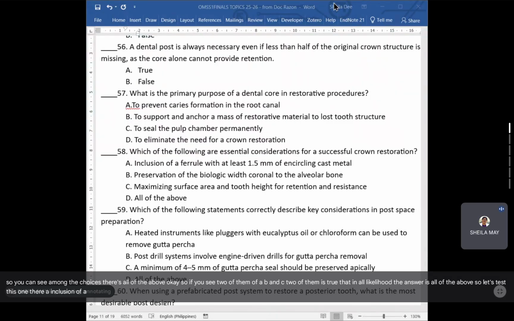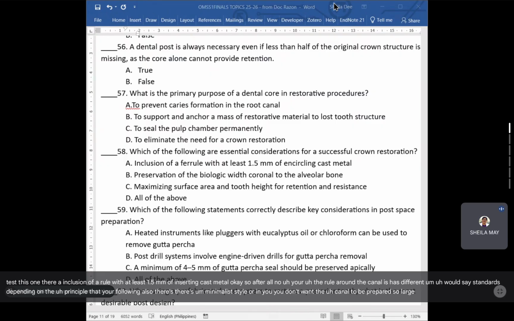Letter A, inclusion of a ferrule with at least 1.5 mm of encircling cast metal. Okay, so the ferrule around the canal has different standards, depending on the principle that you're following. So there's a minimalist style, wherein you don't want the canal to be prepared so large to incorporate a large post.